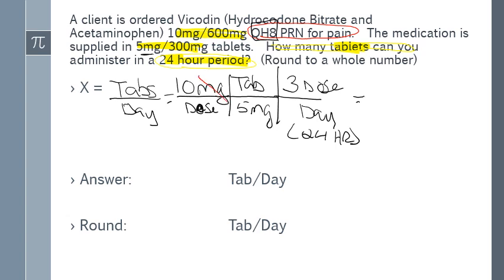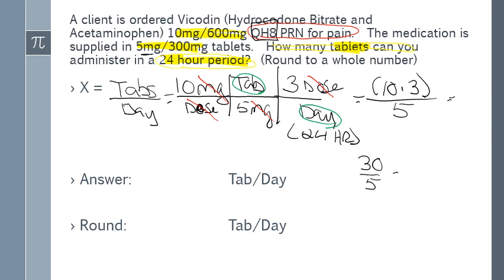We don't need milligrams, and we don't need dose, but we are left with tab per day. So now all you have to do is do the math. 10 milligrams times 3 divided by 5 equals 30 divided by 5, and you are left with 6.